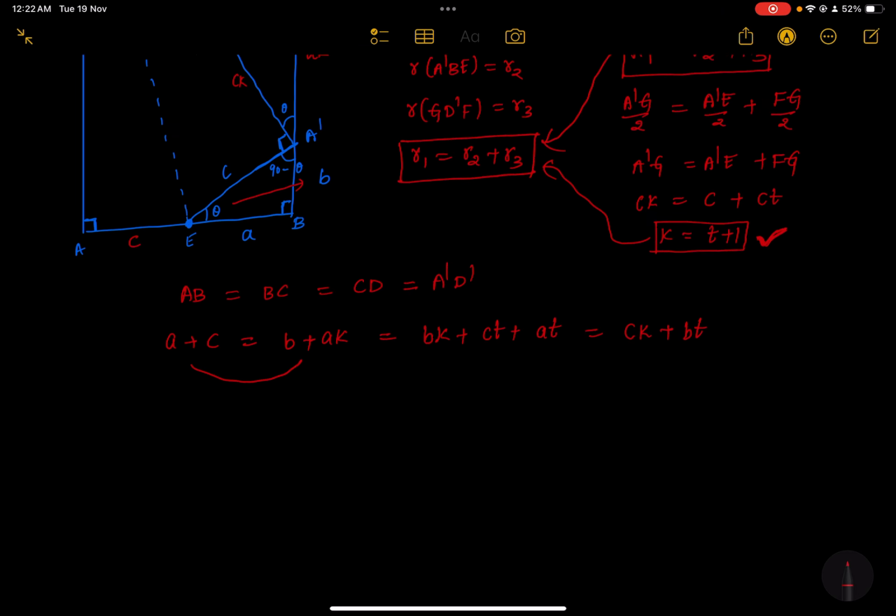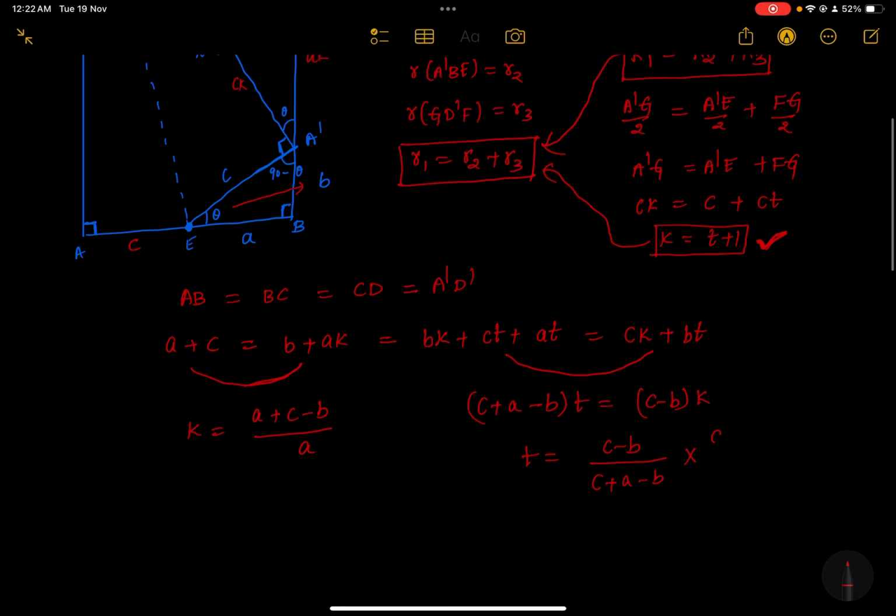Now consider these two. So we will get K is equal to A plus C minus B upon A. If we consider these two, C plus A minus B times T is equal to C minus B times K. So T is equal to C minus B by C plus A minus B into K.